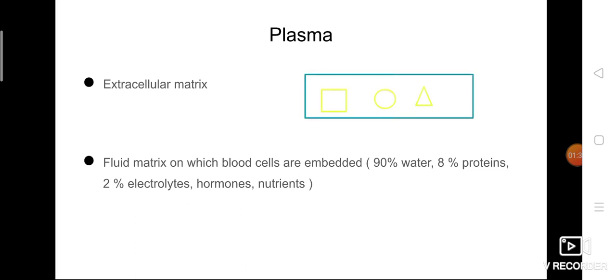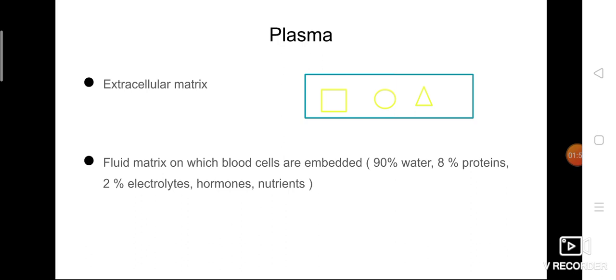Extra means what? Outside. Cellular meaning cell. So the plasma is a component which is present outside the cell. Matrix meaning medium. So the component which is present outside the cell and acts as a medium is called plasma.